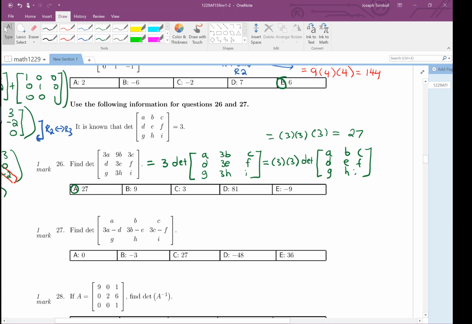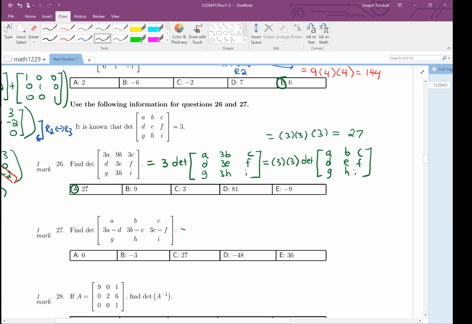Next one. So I want to, again, relate this matrix and 27 to the original matrix, A, B, C, D, E, F, G, H, I. And I'm going to do that by using a sequence of elementary row operations and tracking, when necessary, how that changes the value of the determinant.